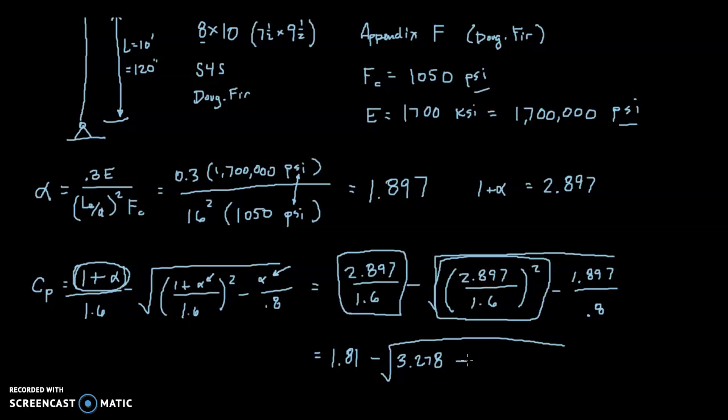And then subtract the last term, 1.897 divided by 0.8. 2.371.